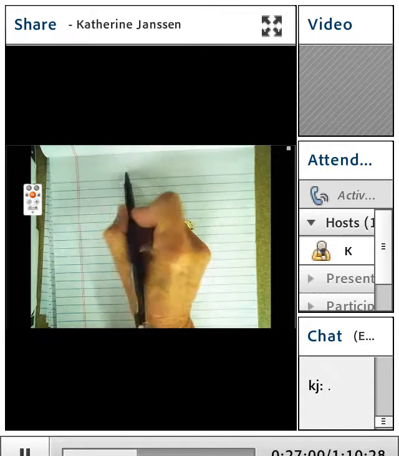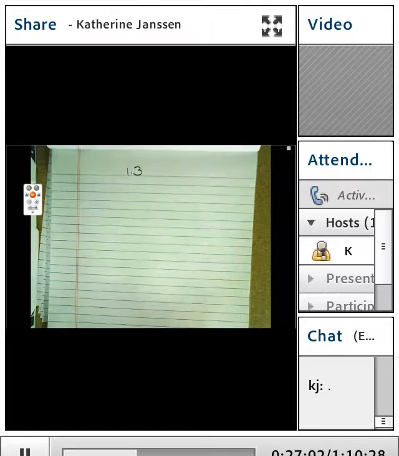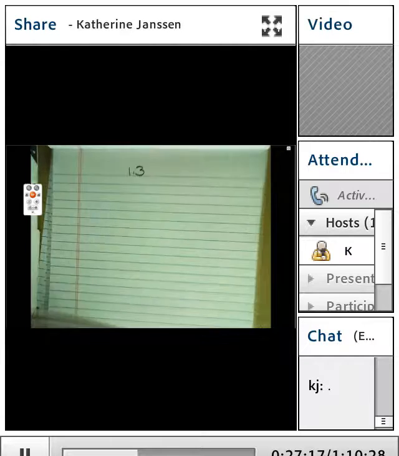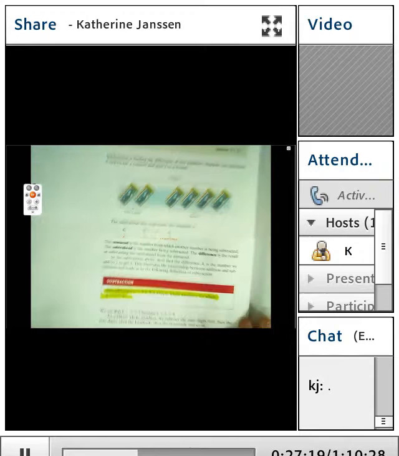Section 1.3. In section 1.3, we're introducing subtraction. On page 14, we have a definition.